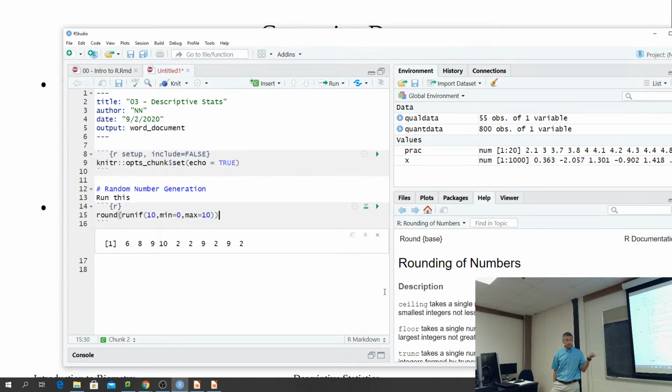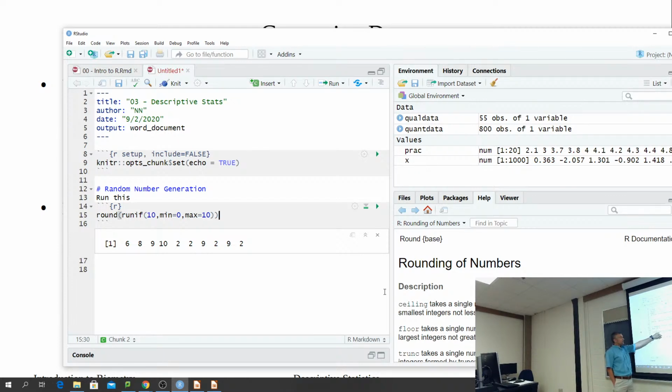These are my numbers: 6, 8, 9, 10, 2, 2, 9, 2, 9, 2. So let's think through this. We didn't really talk about this, but we have already seen our norm, so this is kind of similar.